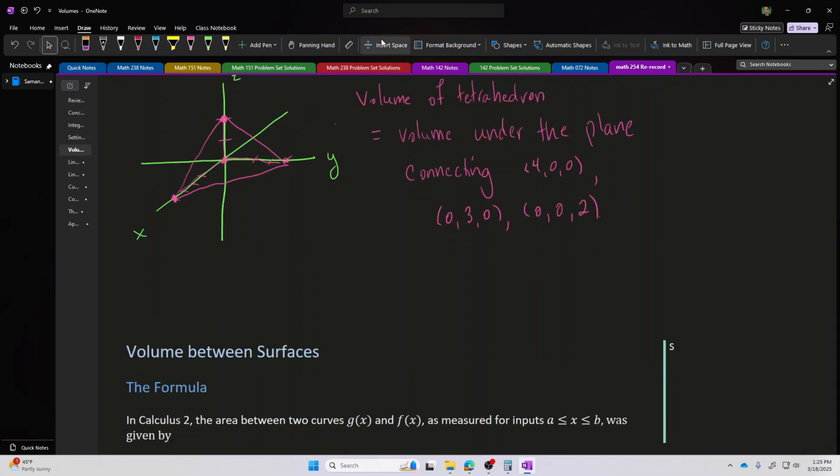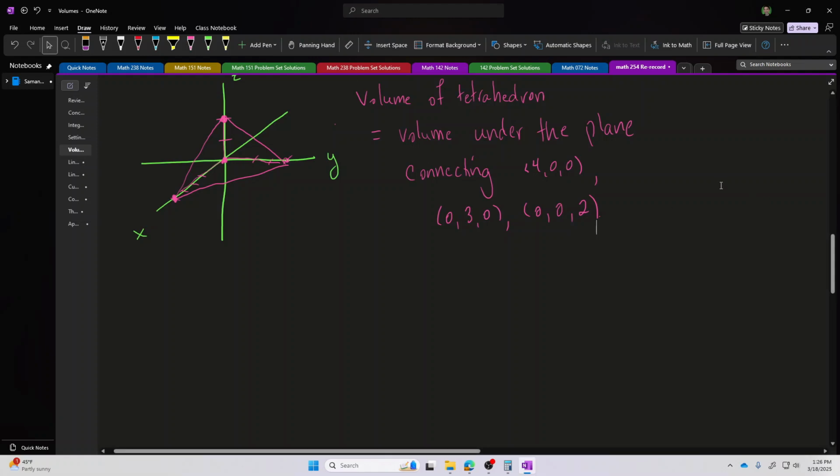So the volume that I want to find is the double integral over the region R of the plane equation, where R here is the shadow of the tetrahedron in the xy plane.